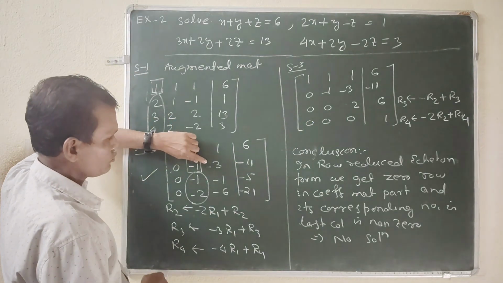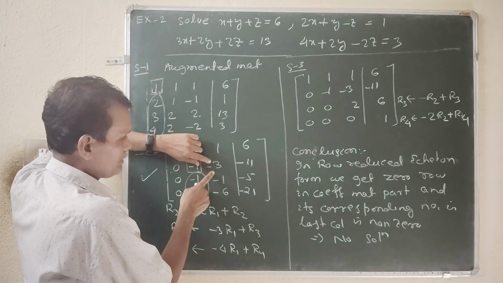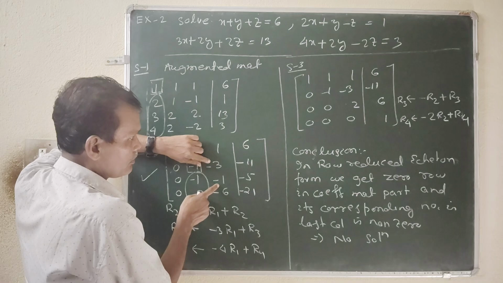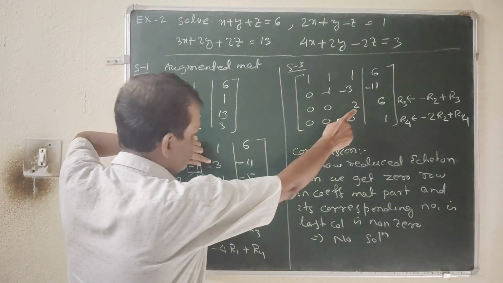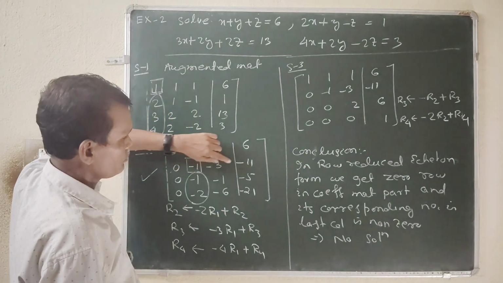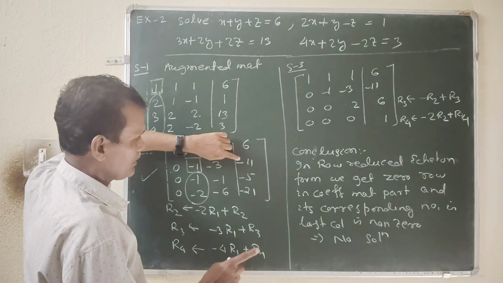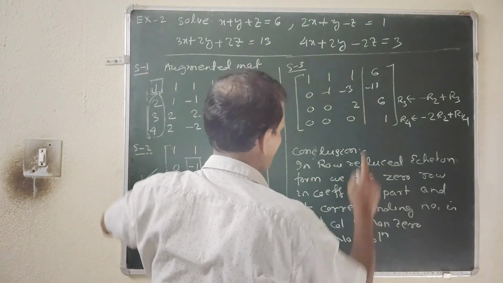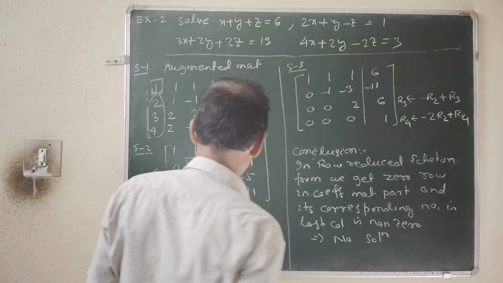Minus 1 into minus 3 is 3, add to minus 1, that is 2. Minus 1 into minus 11 is 11, add this to minus 5, that is 6.